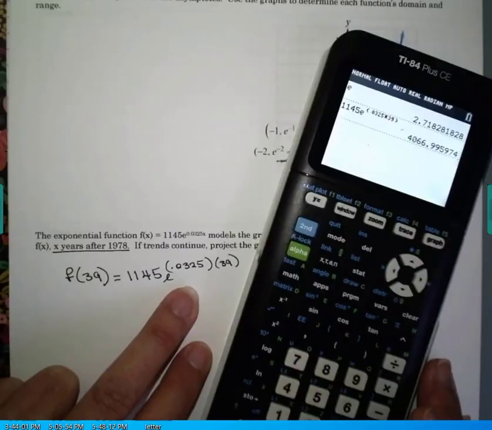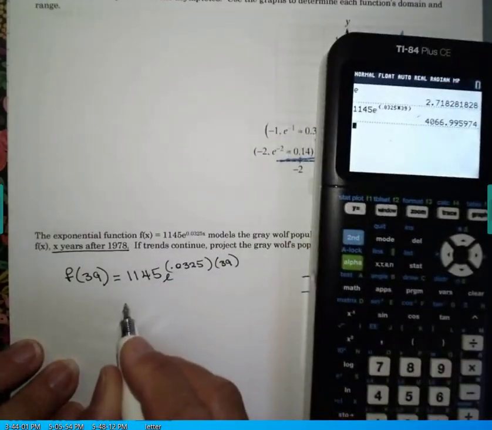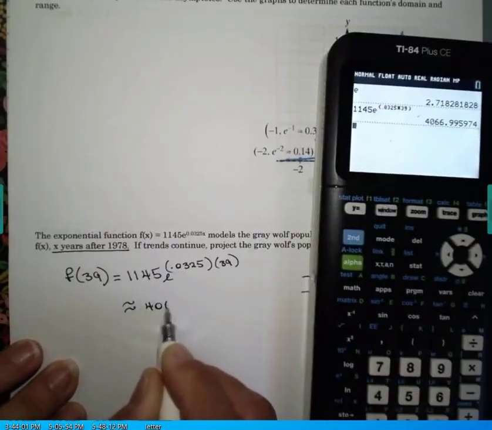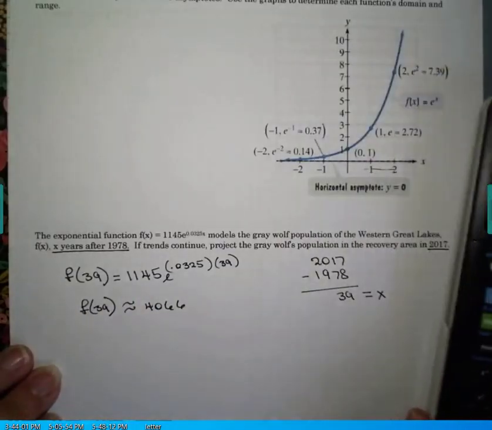And I would probably say, well, I'm not going to project 1/100th of a wolf that's maybe not born yet. So I'm going to say my value here is going to be approximately 4,066. And that is 39 years after 1978.